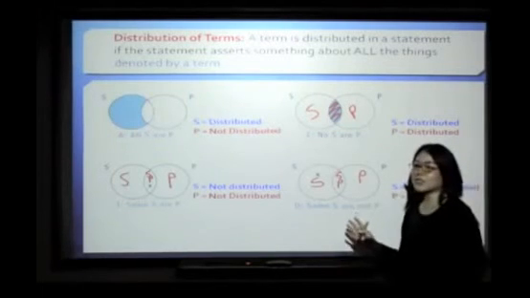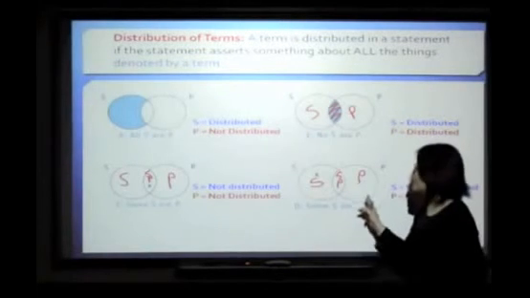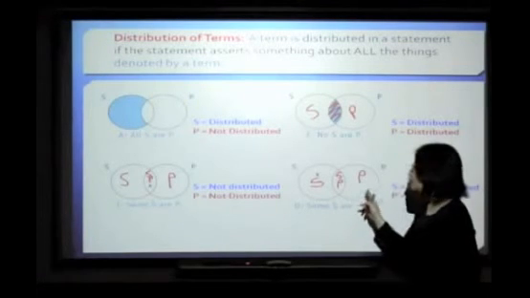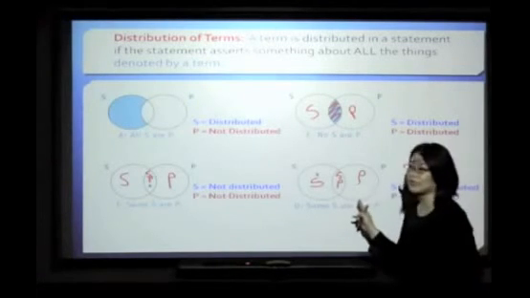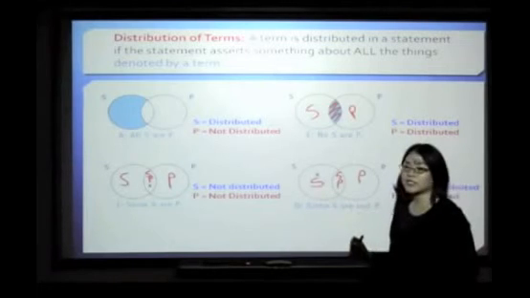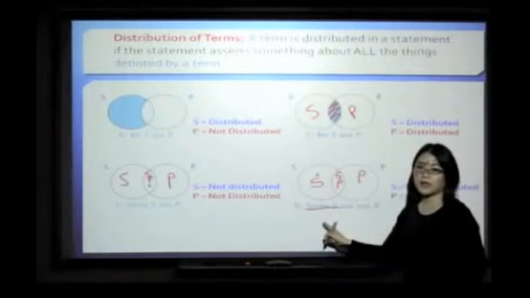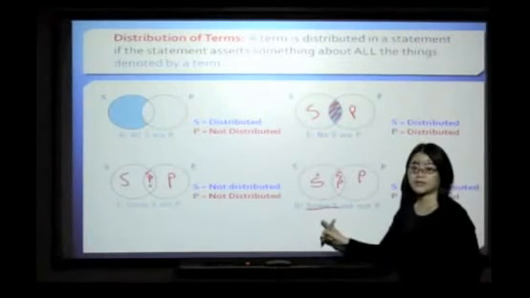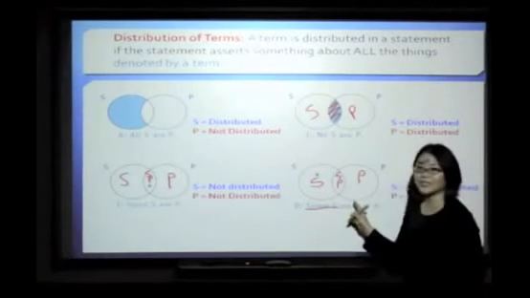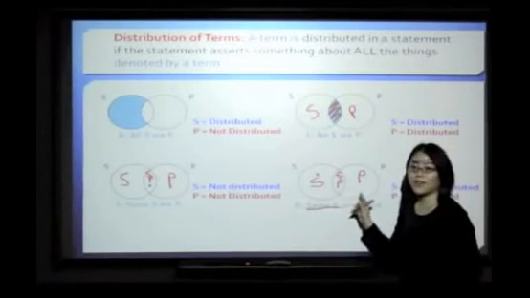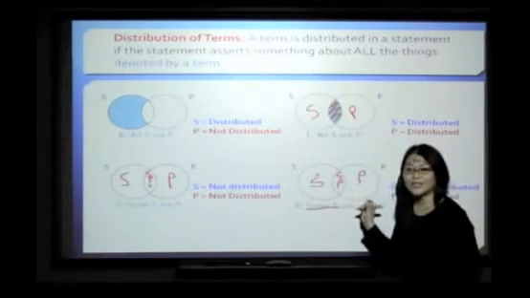Now you might want to ask yourself, why is it that the subject term in this is not distributed, but the predicate term is distributed? The subject term is not distributed because the statement doesn't say something about all the things that are S's, only some of the things that are S's. But the predicate term is distributed. Why? Because it is saying something about all the things that are P's. What is it saying?